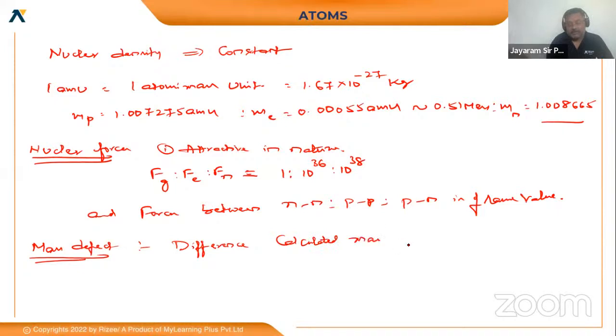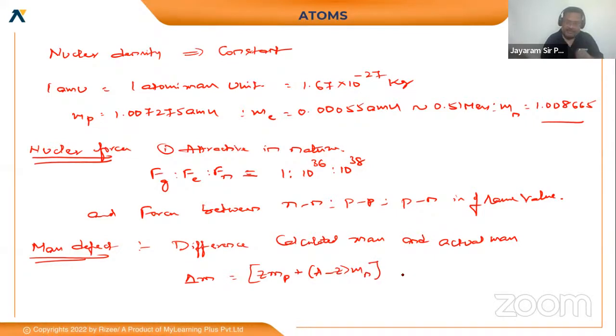What do you mean by calculated mass? Delta m is equal to Z into the mass of the protons plus (A minus Z) into the mass of the neutrons, minus the actual mass.